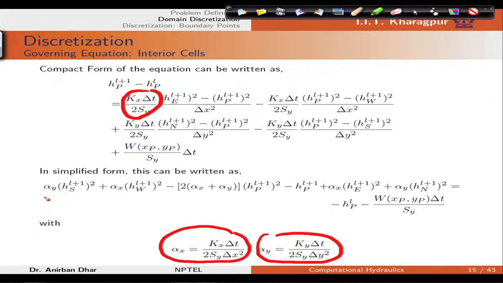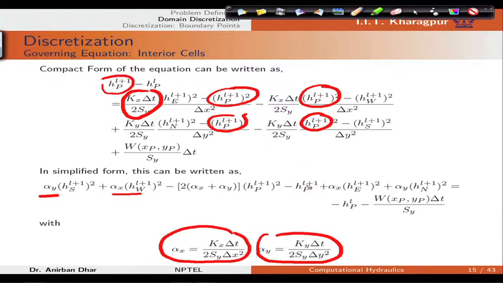alpha y into h s square plus alpha x into h w square minus 2 alpha x alpha y. These are coming from here because coefficients 2 for alpha x, 2 for alpha y, and 1 which is coming from this side. This is minus h p L plus 1.